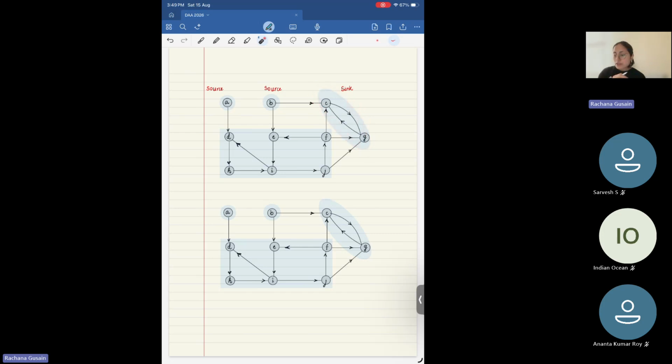So what I can do is start my DFS from the vertex C or the vertex G, which are part of the sink node. So suppose I start my DFS from C. If I start my DFS from C or G, which all nodes will I be able to explore?